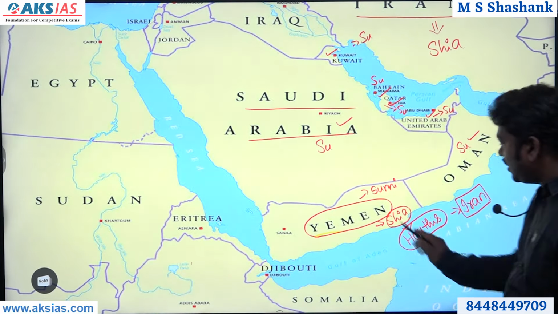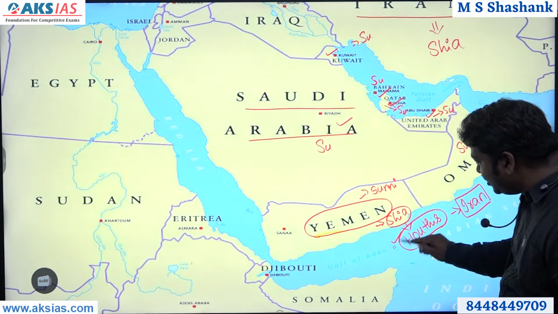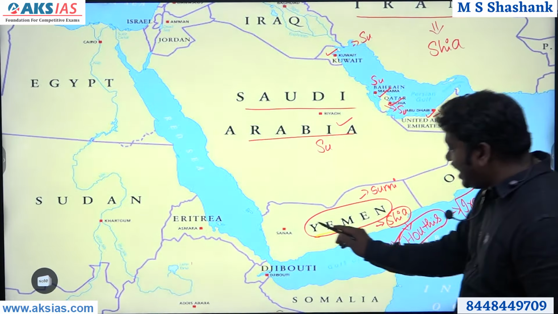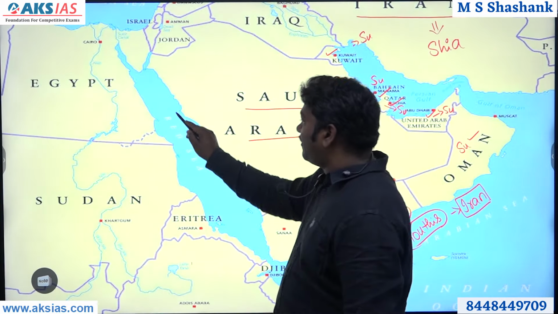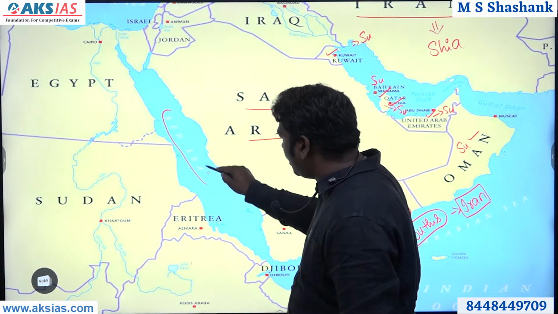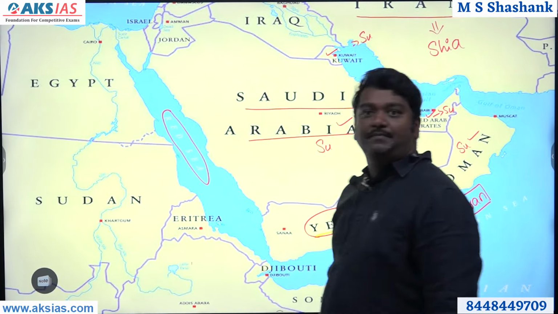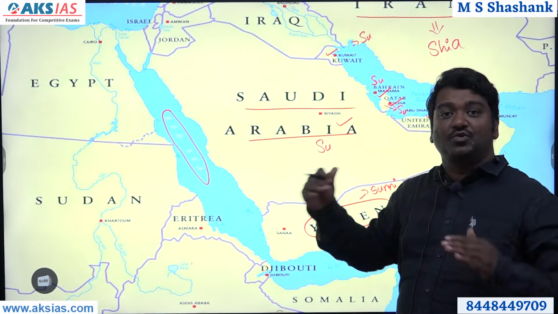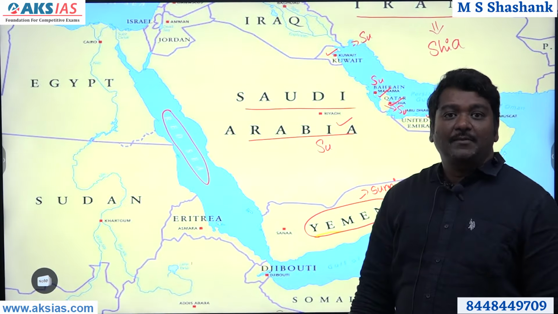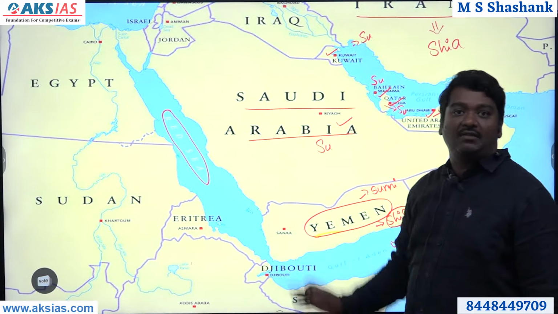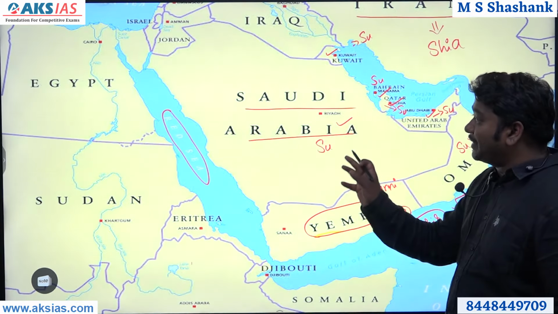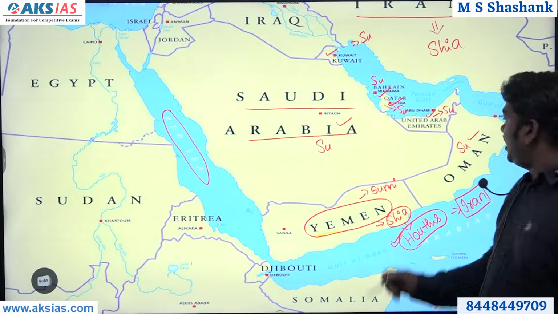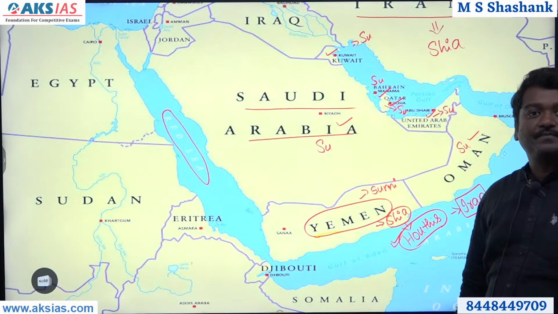Now, what are these Houthis trying to do? They are trying to attack your Red Sea region. Because Saudi Arabia, if it has to sell oil, if it has to bring anything, for them, Red Sea is very important.